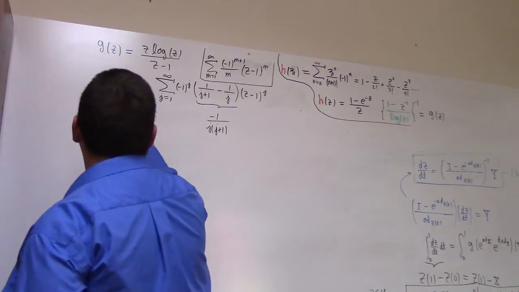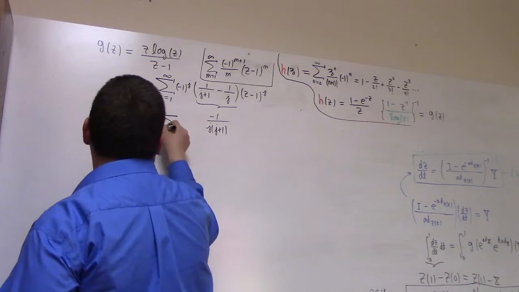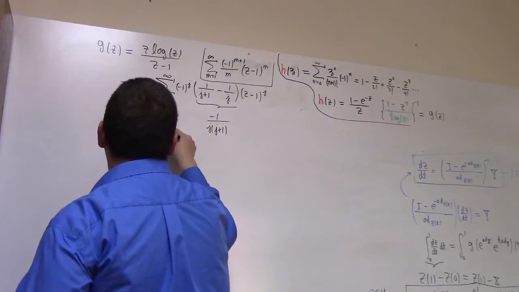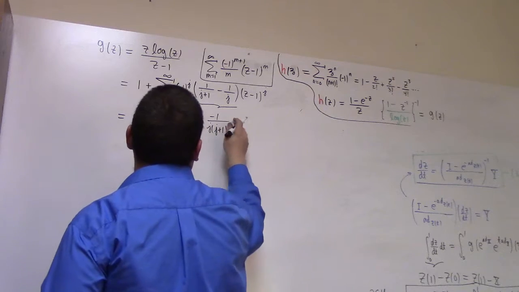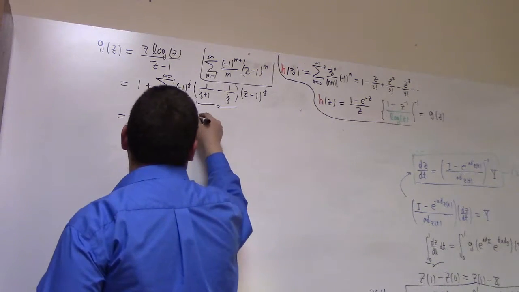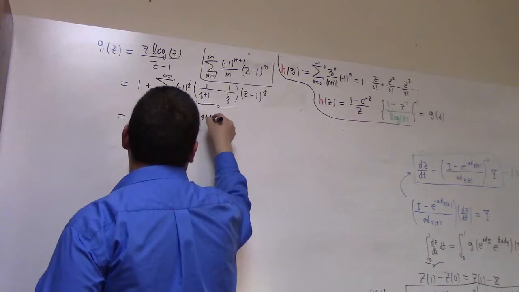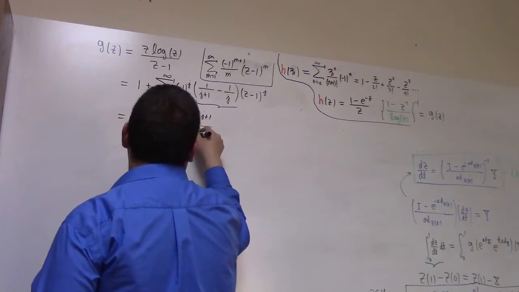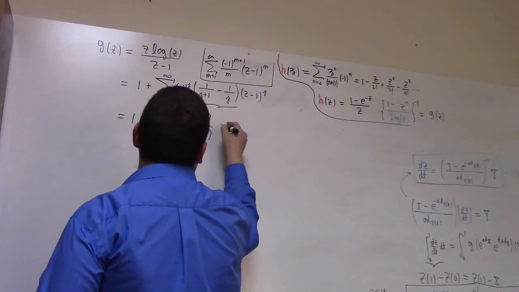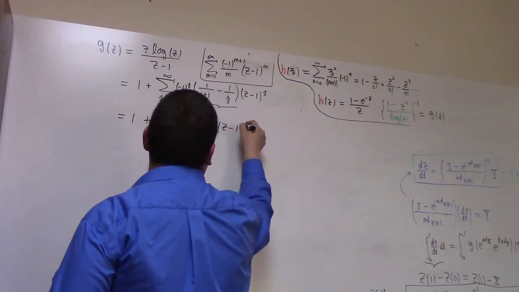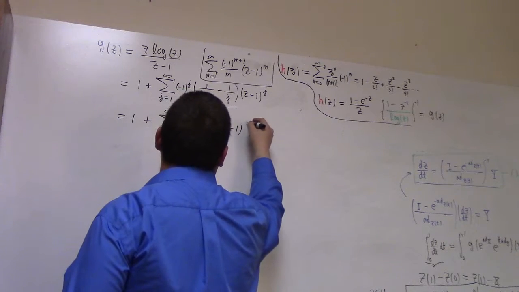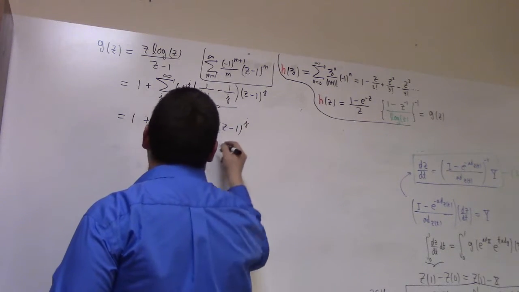So 1 plus the sum, j equals 1 to infinity, and we'll just write minus 1 to the j plus 1 divided by j times j plus 1. So it's like we took a partial fractions problem and undid it in some sense. I mean, like a telescoping sum, right?